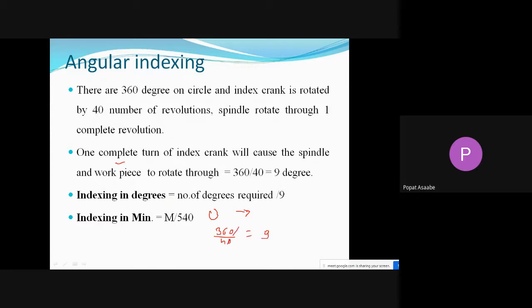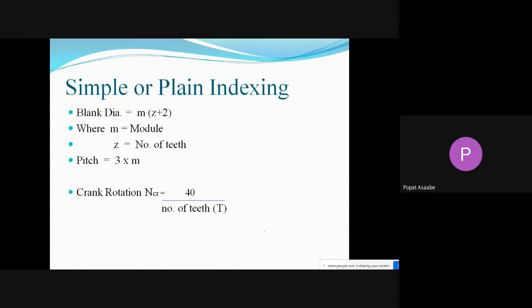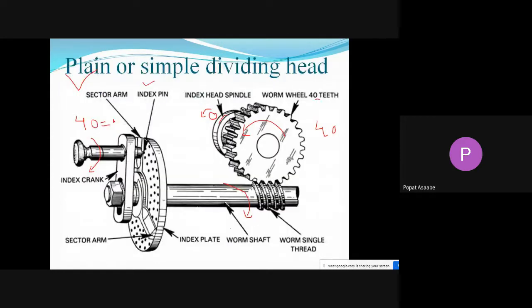Suppose here in this figure you will understand better. म्हणजे बघा, जर आपण हा क्रँकचं एक रोटेशन घेईल, ओके, जर क्रँकचं एक रोटेशन कंप्लीट केलं तर आपला वर्कपीस किती डिग्रीने रोटेट होणार आहे? 9 डिग्रीने रोटेट होणार आहे. ओके, हाऊ आय हॅव फाइंड आउट दिस?